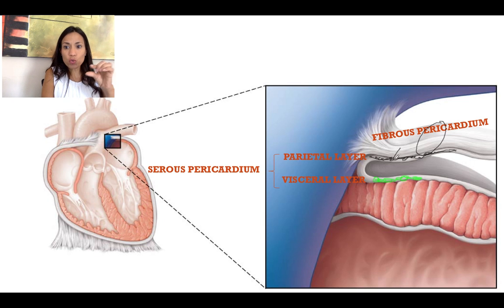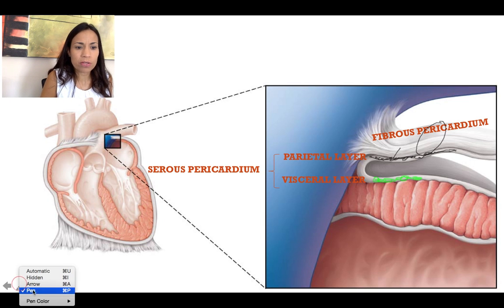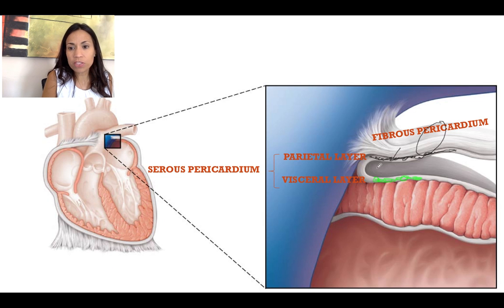Now, in between the parietal and the visceral pericardium, we have a space that we call the pericardial cavity, which is a very tiny, almost virtual space filled with a few milliliters, I guess less than 5. I don't remember the exact amount, but it's around there.